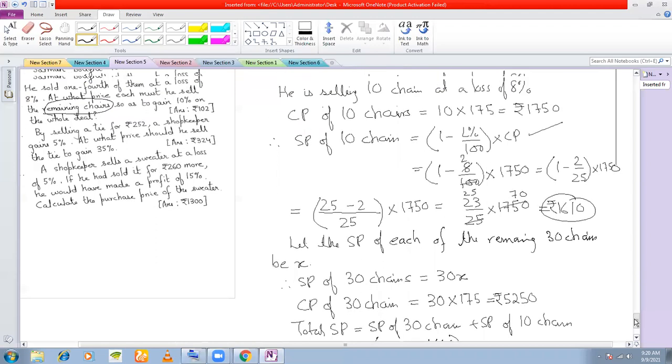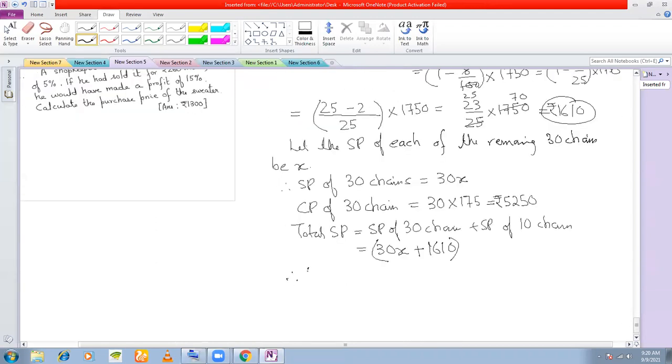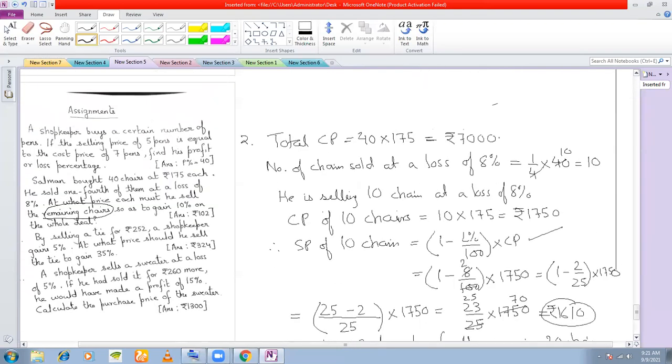Now he wants to gain how much? He wants to gain 10%. Therefore, what should be his profit? Total SP minus total CP. Total SP is how much? 30X plus 1,610. And total CP we have found above. How much was the total CP? 7,000 rupees.